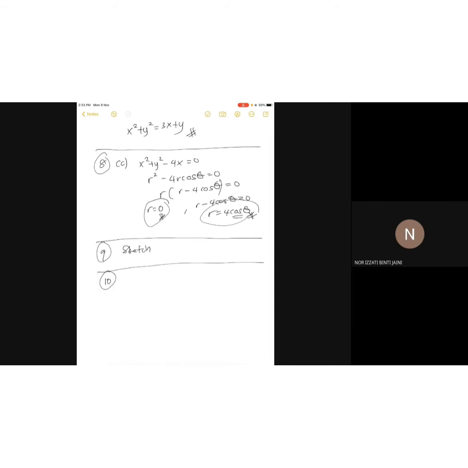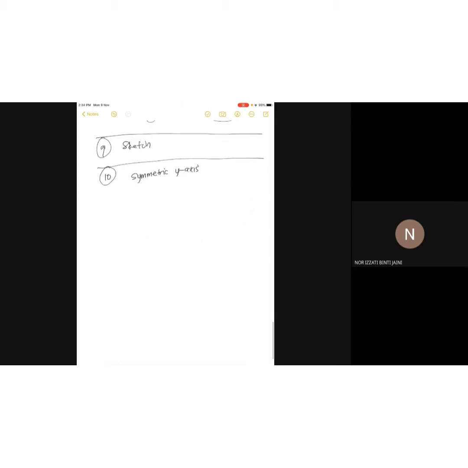Okay, let's see 10. Use symmetry test to show that the curve in 9E and G are symmetric about y-axis. Okay, so kalau symmetric about y-axis, apa formula dia? Okay, yang ini awak kena hafal sebab dia tak bagi ni. So kalau dah bagi, you dah boleh jawab lah. Kalau y-axis, means you have to prove that f theta equals f pi minus theta.